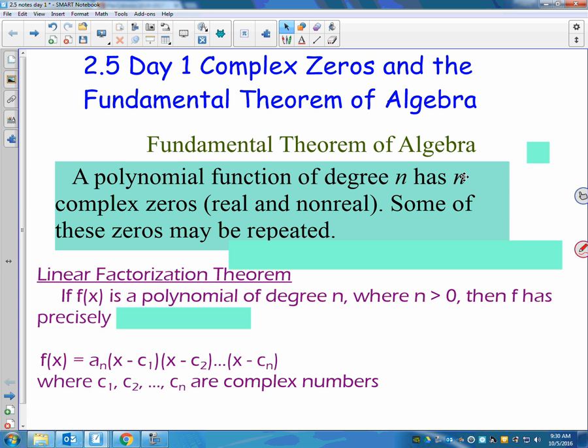So notice that it says exactly n complex zeros because they may be imaginary zeros. But if you have a degree 3 polynomial, there will be 3 total zeros, including real and imaginary. That also includes repeating zeros. So if you have a multiplicity of 2, that zero counts twice. So you have to think about that as you're doing that. You learned this last year too. Maybe.